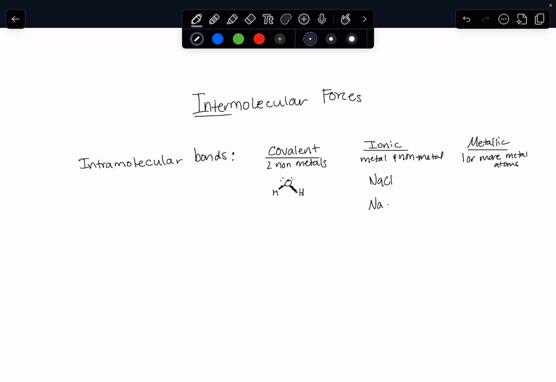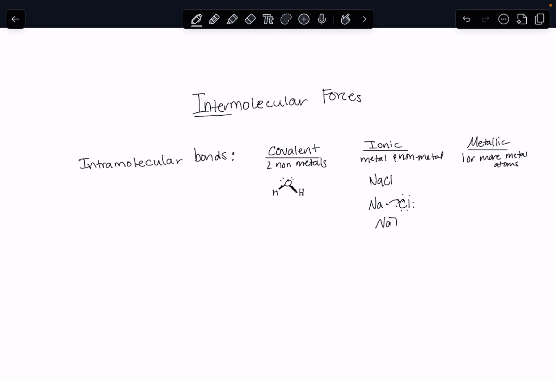And again, that's held together because my Na gave up its electron to, sorry, I'm struggling over here, to chlorine, which was missing an electron, causing a positively charged cation and a negatively charged anion.